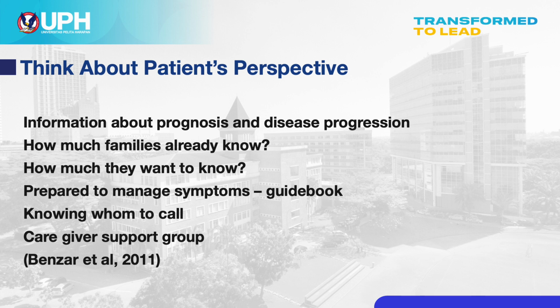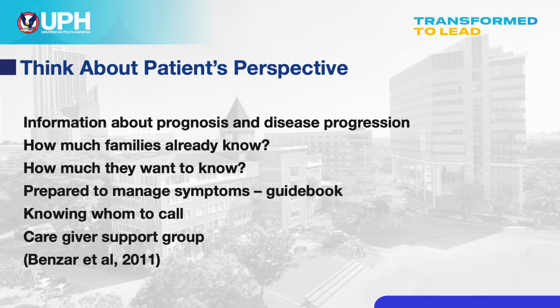We have to prepare the patient and family to manage symptoms while they are at home or in the hospital. We can provide them with a guidebook if it is provided by the hospital or care facilities.